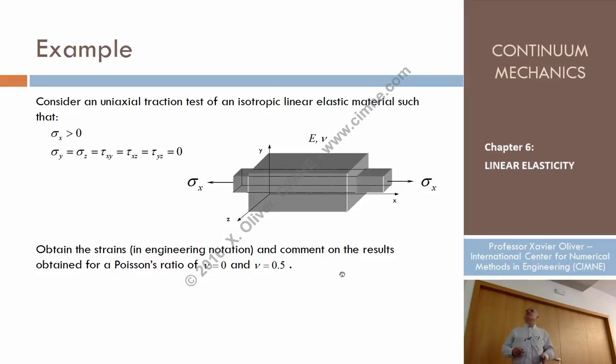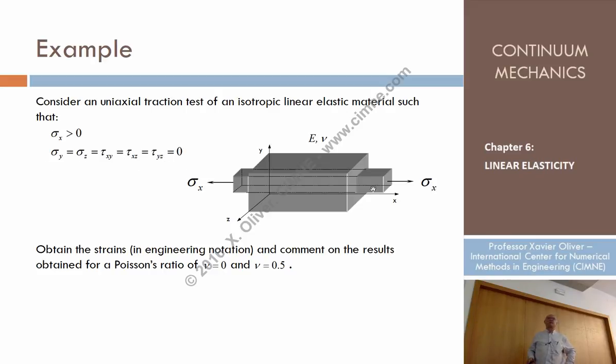Okay? Let's consider that problem in which we have this part here, which is subjected to just a uniaxial stress. Let's assume that the uniaxial stress follows the direction of x, that is x, that is y, that is z, so that the remaining stresses that we are imposing in this part are zero.